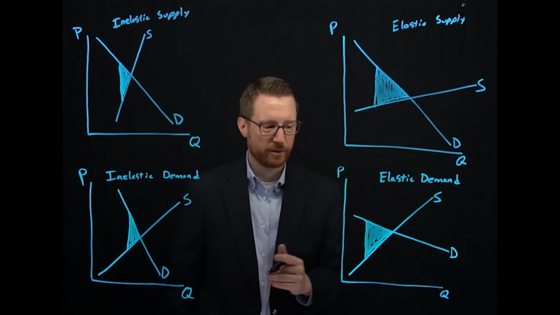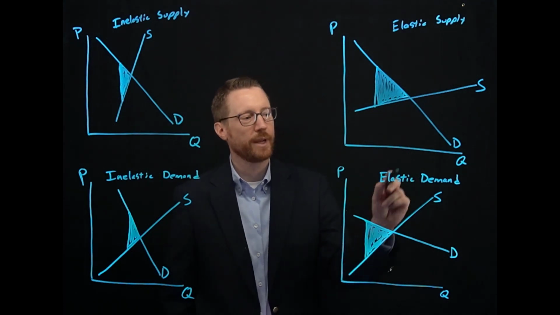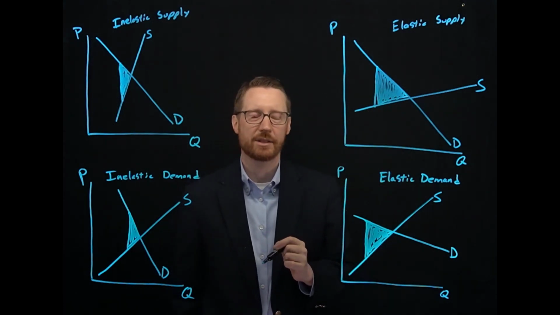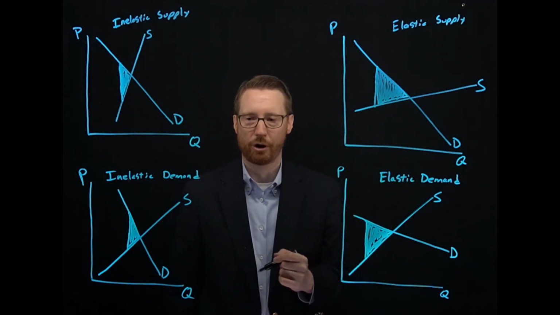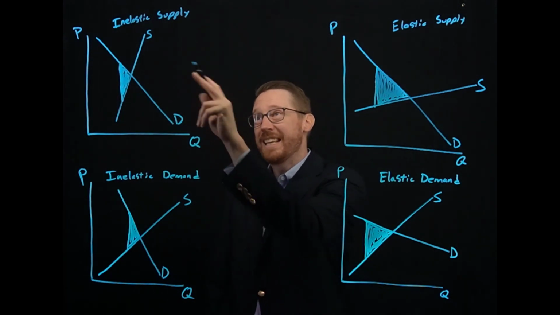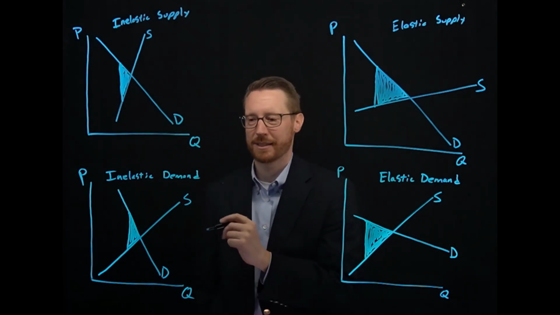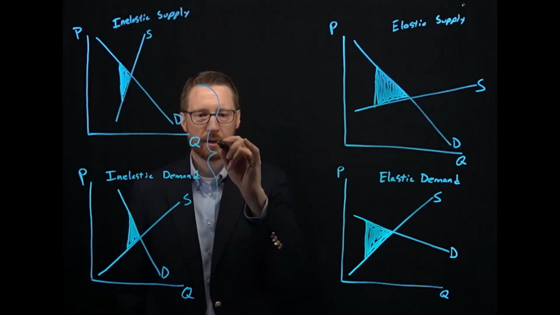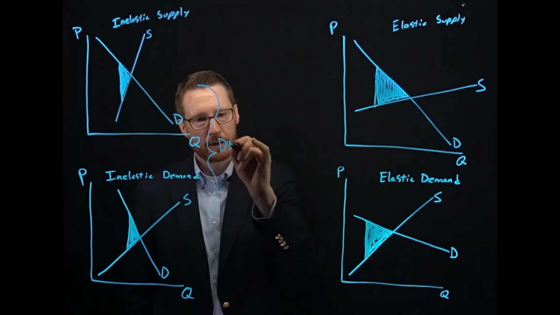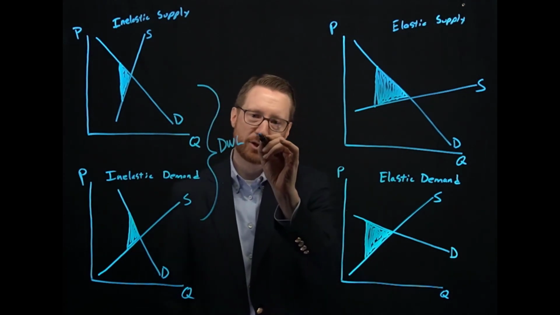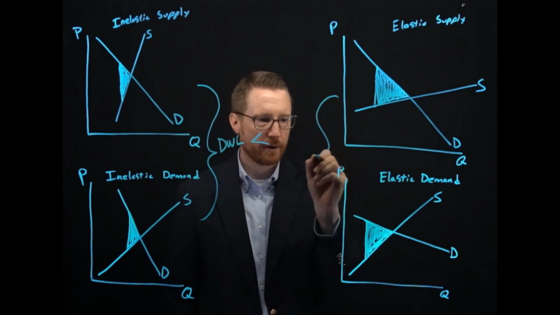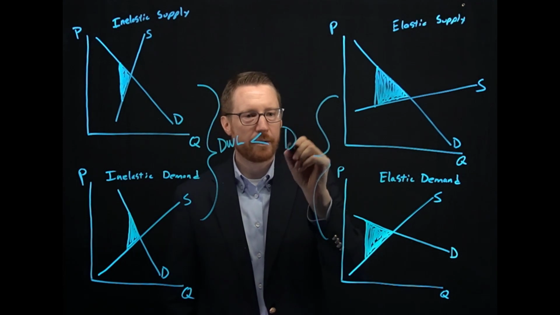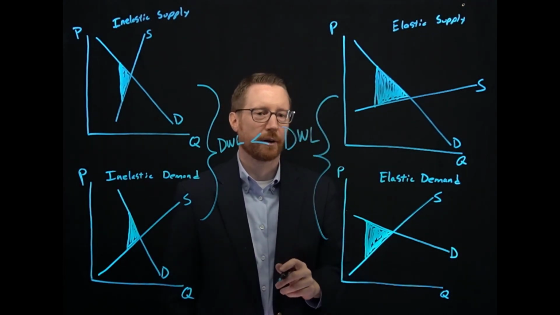So what's the pattern that we see? The triangles, when we have elastic demand or elastic supply, are much larger than when we have inelastic supply and inelastic demand. So over here, these two, our deadweight loss is smaller than on the right, where our deadweight loss is much bigger, right?